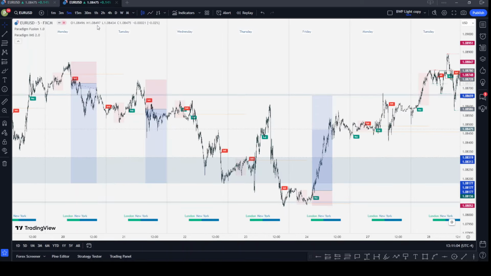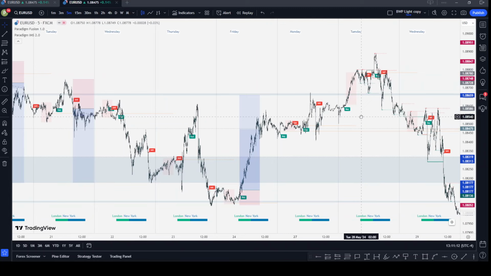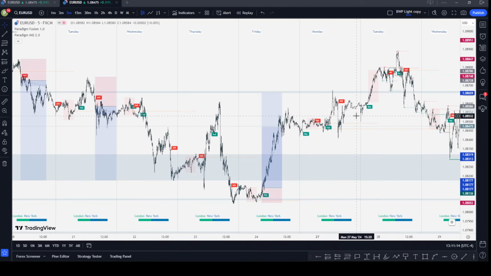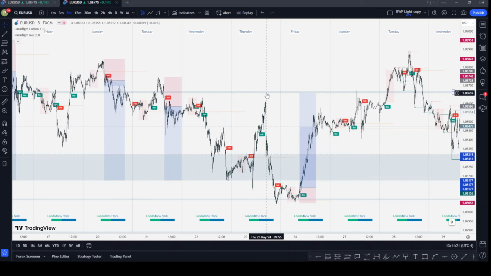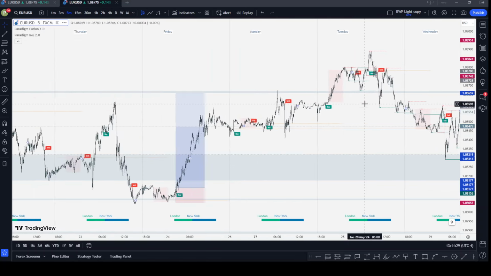So let's go there, and this is it right here. This is the new week opening gap that formed at the start of the week that price closed below. It formed somewhere here, I guess.